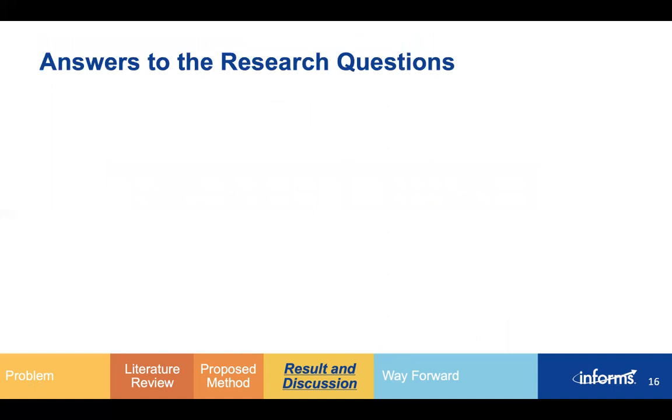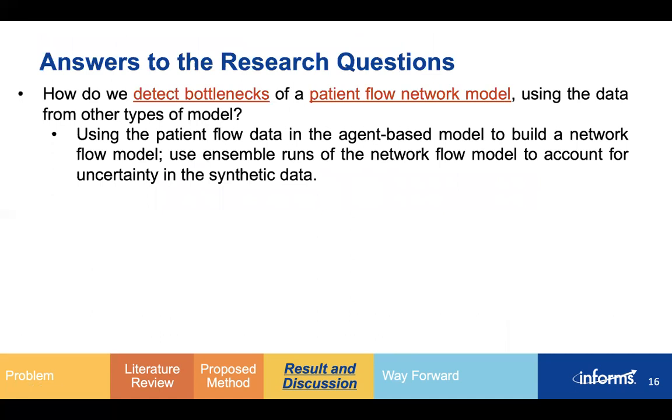So far, we can answer the 3 research questions we posed earlier. First, how do we detect the bottlenecks of a patient network flow model using the data from other types of model? So we use the patient flow data in the agent-based model to build a network flow model, and use ensemble runs of the network flow model to account for uncertainty in the synthetic data.